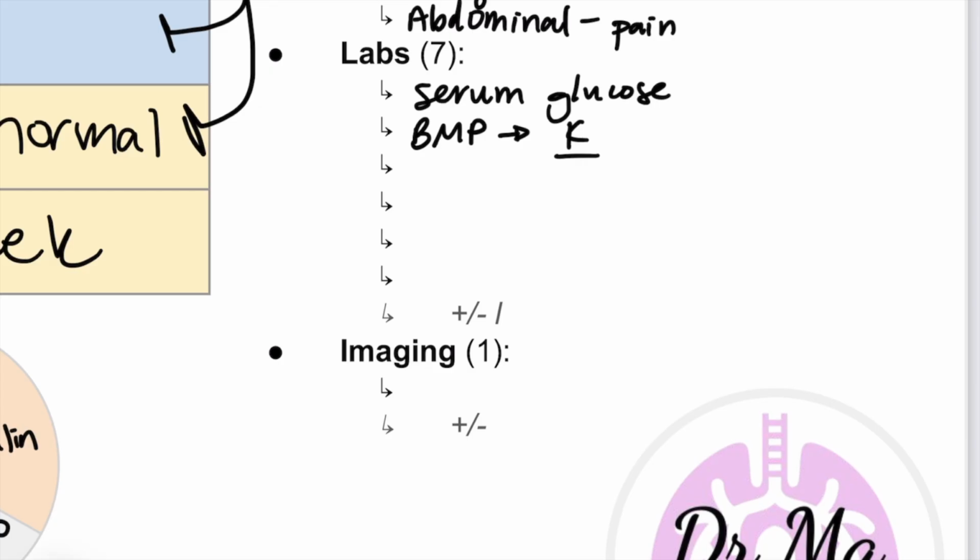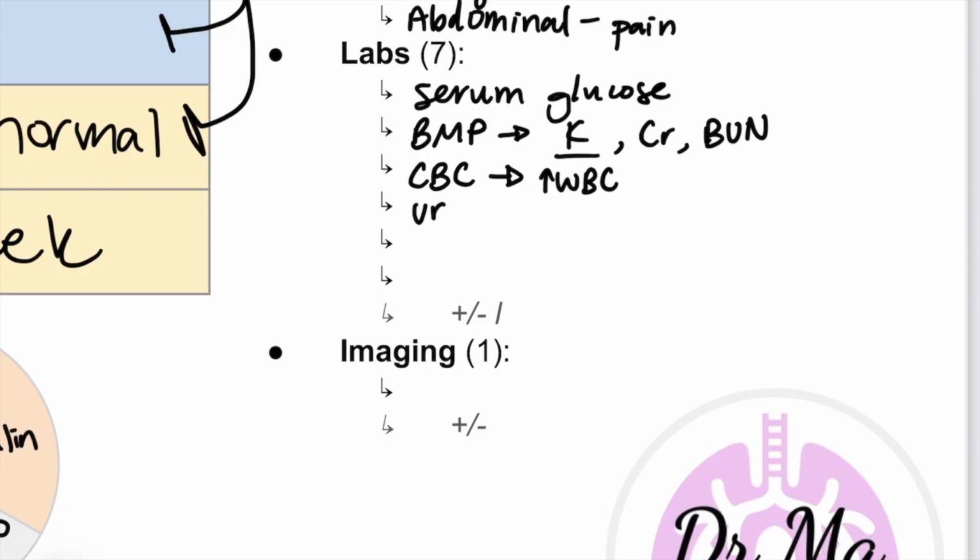And we also want to take a look at their kidney function, which might give us a prerenal picture. We will also use the rest of the electrolytes in order to calculate an osmolar gap. A CBC is important because if there is a very frank leukocytosis, then that could increase our suspicion for infection.